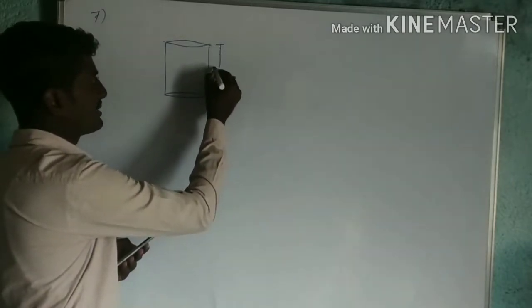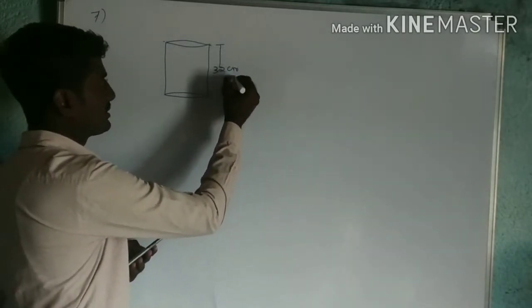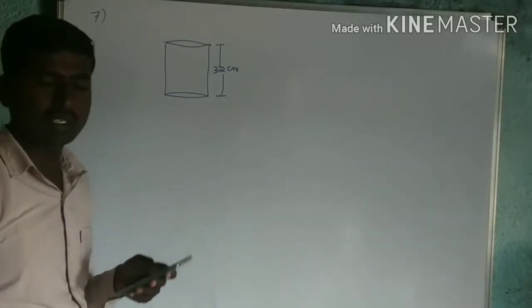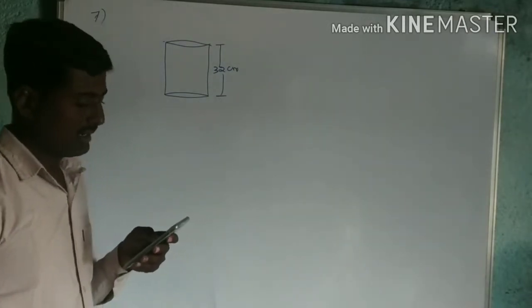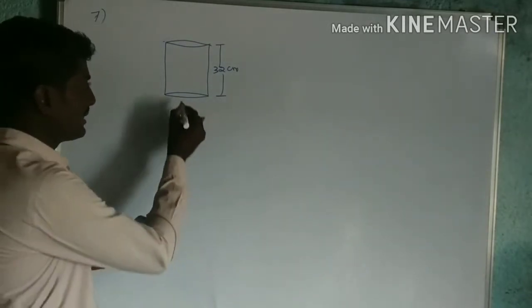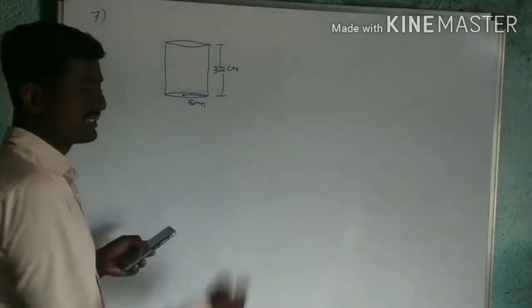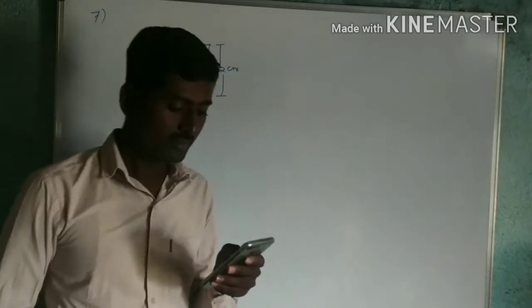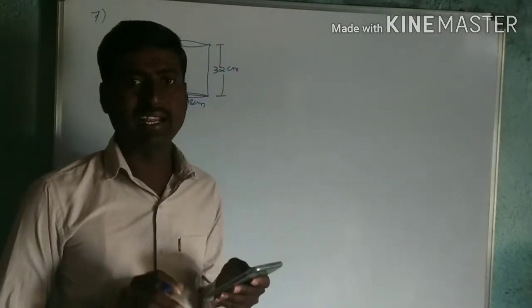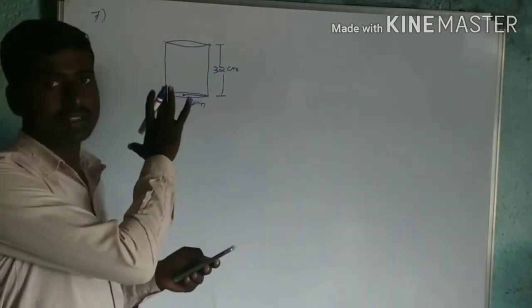So the height of this cylinder is 32 centimeter. And radius is how much? 18 centimeter. So a radius of this cylindrical bucket is 18 centimeter. Now it is filled with sand. This bucket is filled with sand.